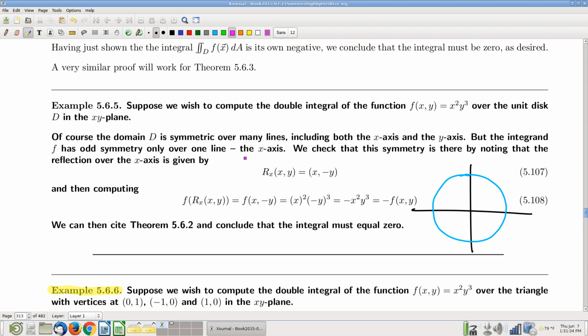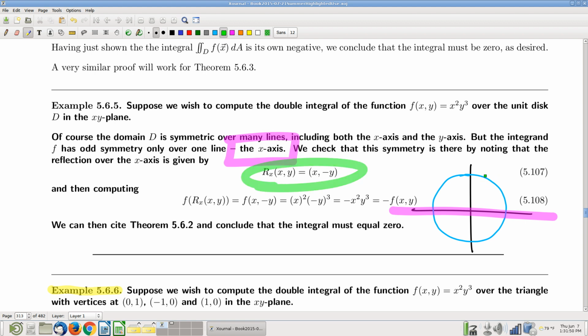I want to talk about the x-axis. The fact that this domain is symmetric over the x-axis. I can write down a formula for reflection over the x-axis.